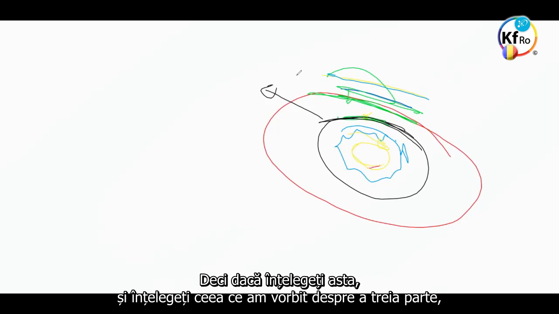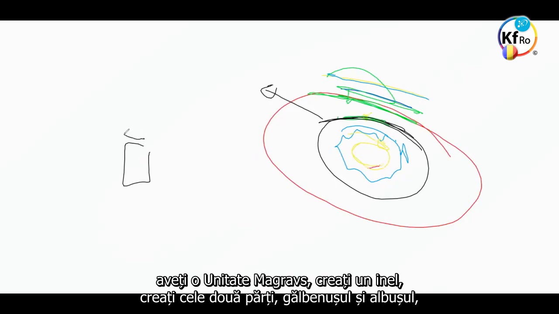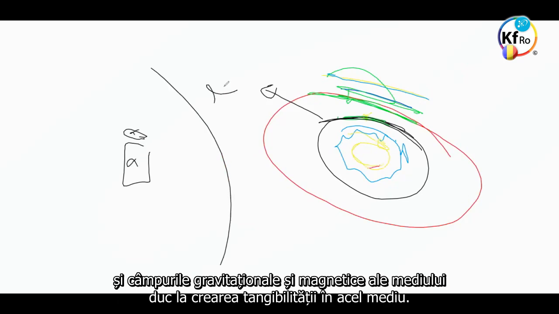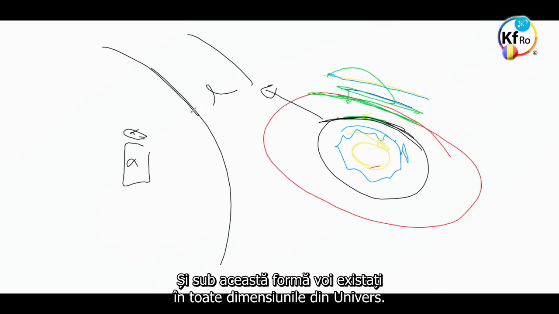So for the first time we understand how shells are created. If you understand this, and you understand what I spoke about, the third part, you have a stacker, you create the ring, you create the 2 parts, the yolk and the white. Let the gravitational magnetic field of the environment give you the tangibility in that environment. This way you can exist in any dimension in the universe.